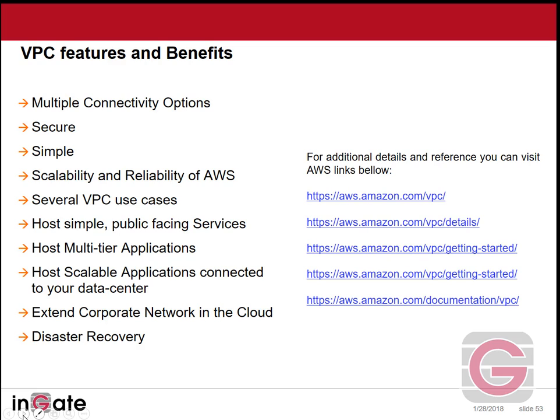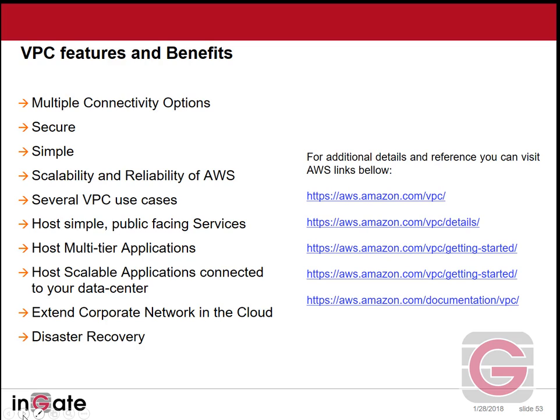You are going to see that there are several different topologies you can build on your VPCs for different use cases. You can host simple public-facing services or multi-tier applications. You can host applications that scale connected to your data center, for example, to extend the corporate network to the cloud.